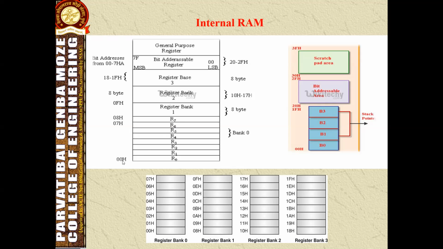This is the address of these registers: register R0 is at 00H, then 01H, 02H, 03H up to 07H. There are a total of 8 registers, each 8 bits. The register starting at address 08H comes under bank 1.